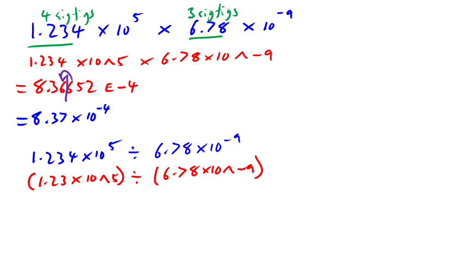Now, you're dividing by a very small number. That means you're actually going to get a very big number.